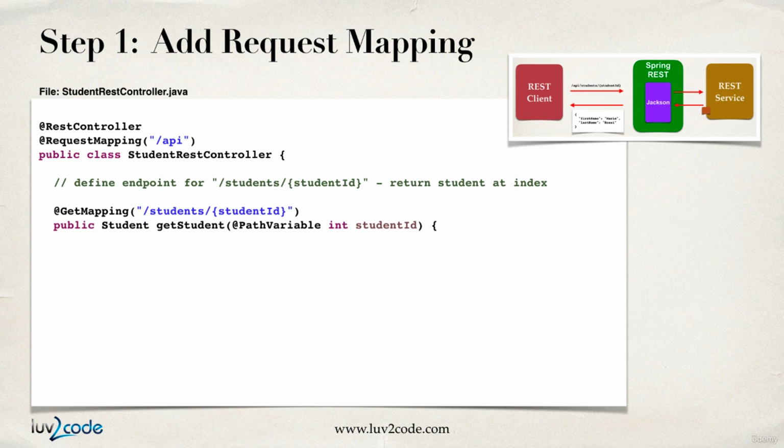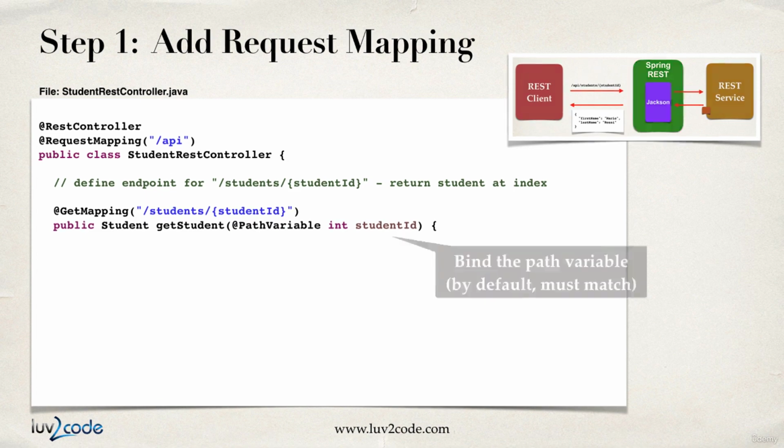I define a method, getStudent, that returns a Student, and then I have the @PathVariable int studentId. So this will bind that path variable that's coming in on that URL, and I'll assign it to this variable that I have as a method parameter, studentId. And by default, both of those names must match up.